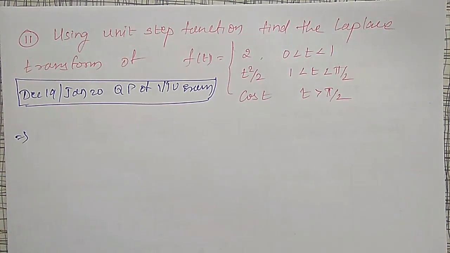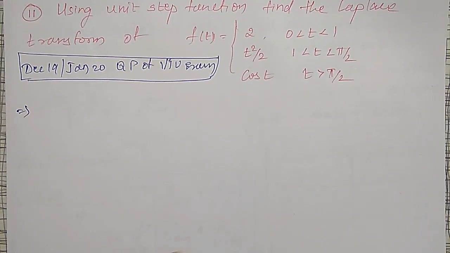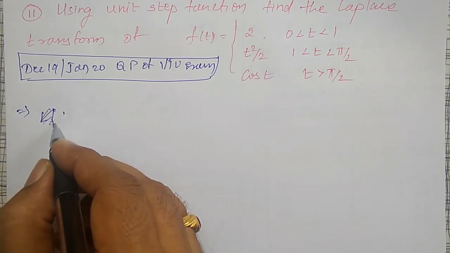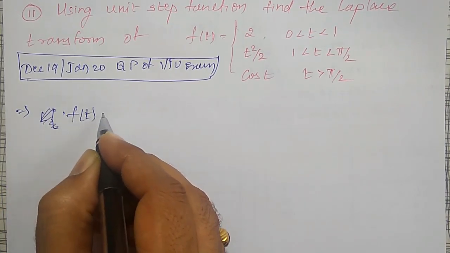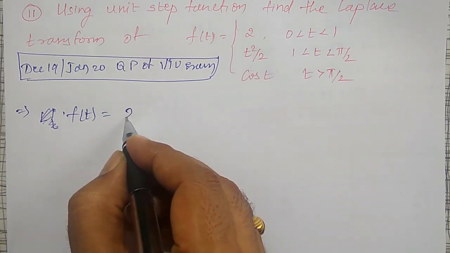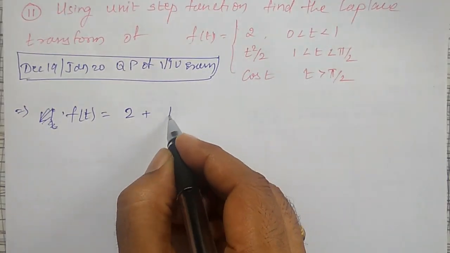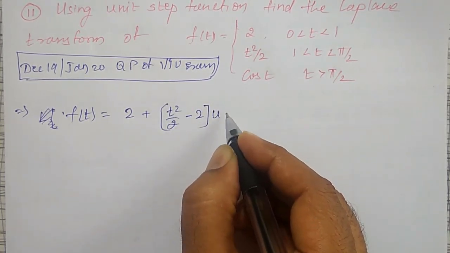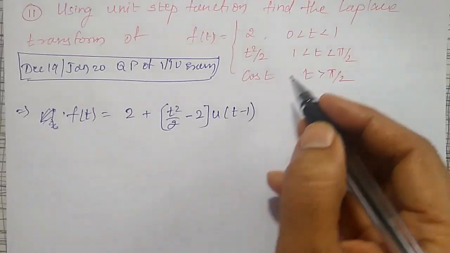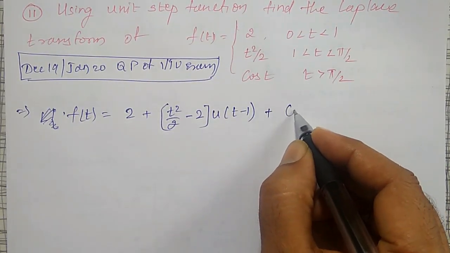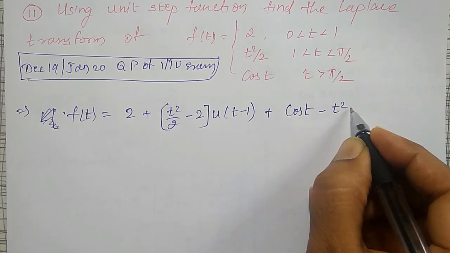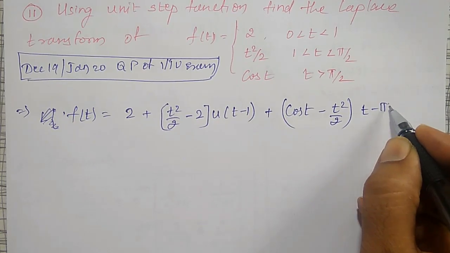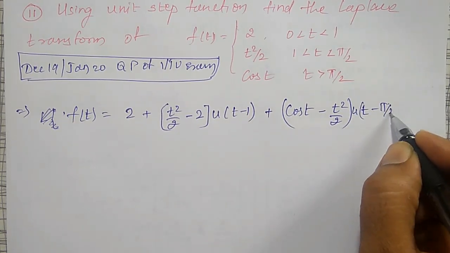Now, to solve this one, I have to express it in terms of unit step function. Therefore, f of t is equal to 2 plus second function minus first function, t square by 2 minus 2, into u of t minus 1, because 1 is the discontinuous point, plus cos t minus t square by 2, second function, discontinuous at pi by 2, therefore u of t minus pi by 2.